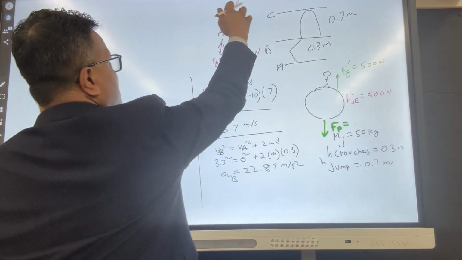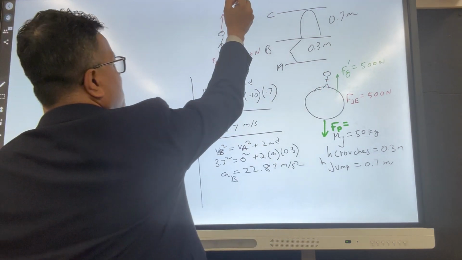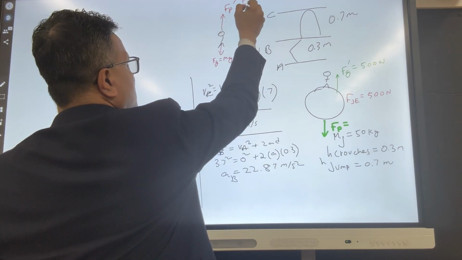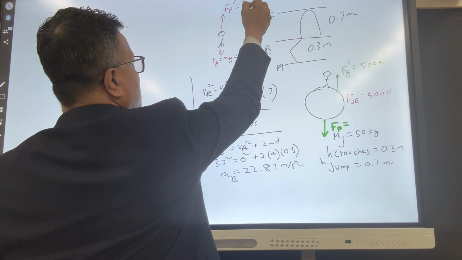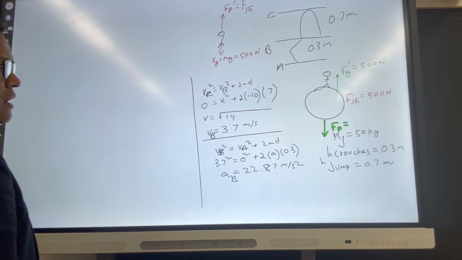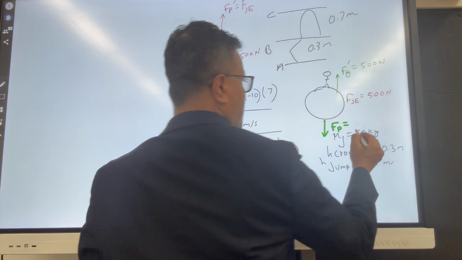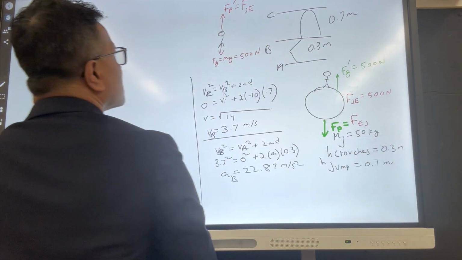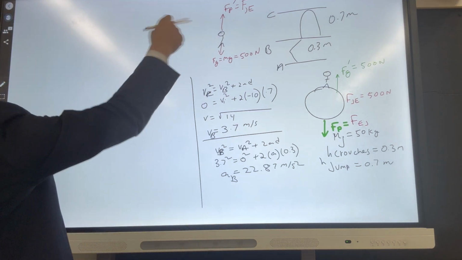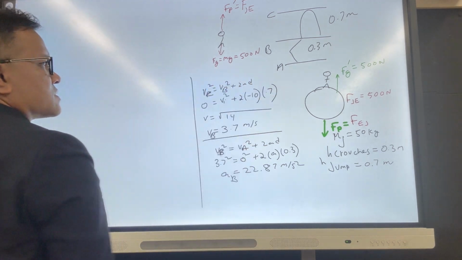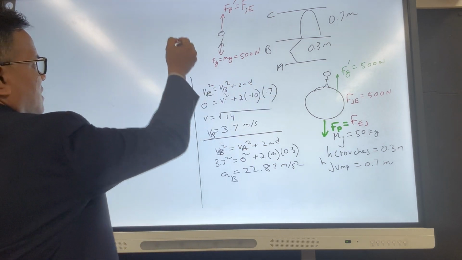By the way, this one is the force on Josh by Earth, and this one is the force on Earth by Josh. Once we find this one, we can just say they're the same thing. We can do the Earth now as well.